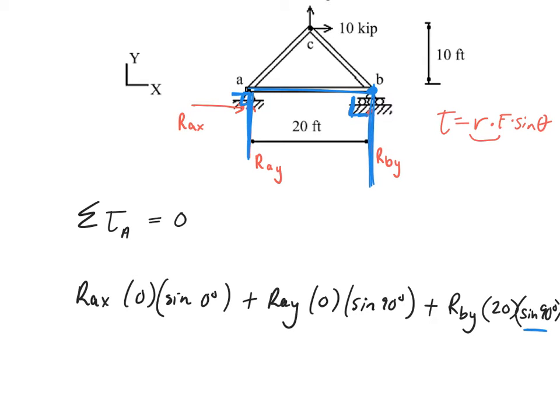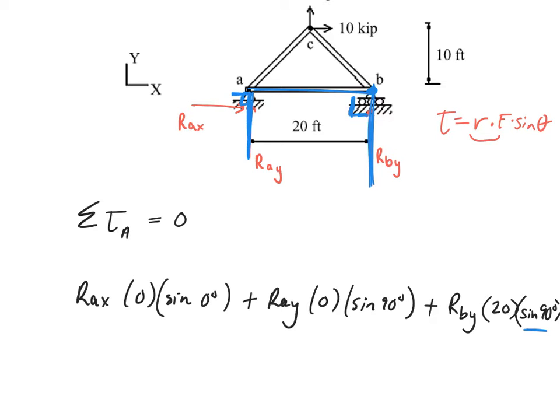But RAX is the one that's the most interesting. Here's RAX. Watch. RBY is acting at a 90-degree angle, the distance from the fulcrum. RAY is here, not doing anything. It's acting on the fulcrum. I can't generate any torque.